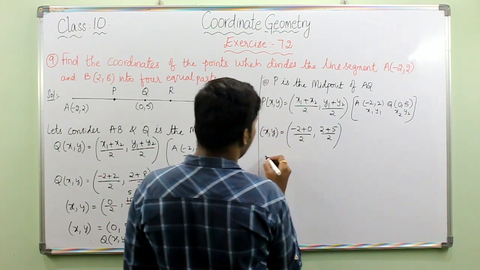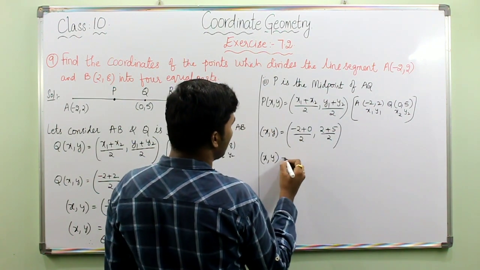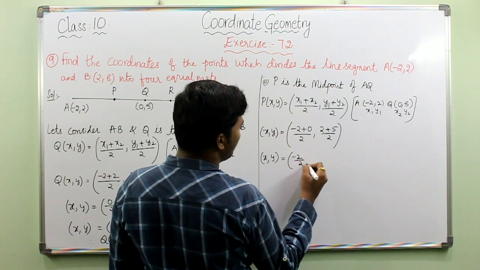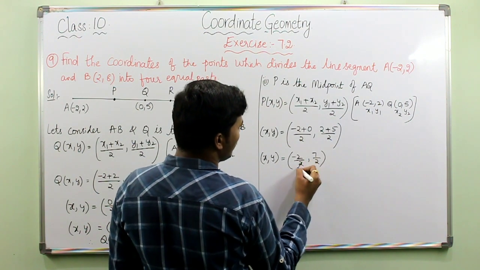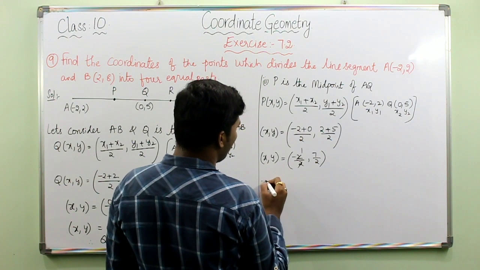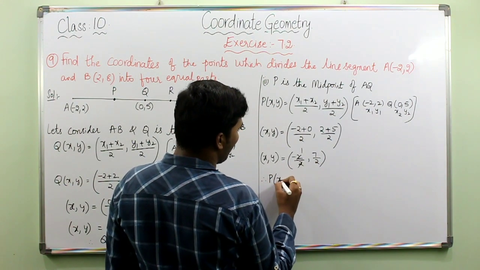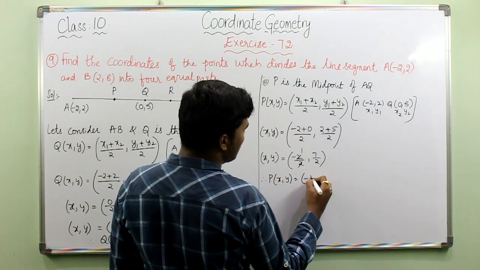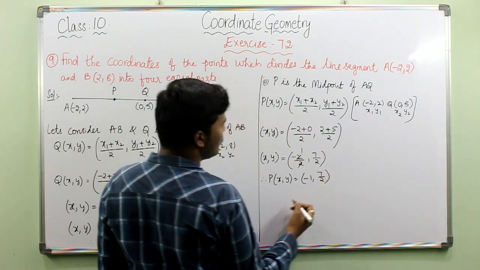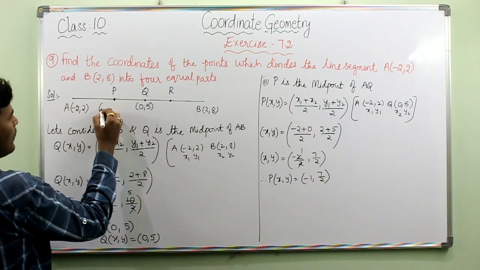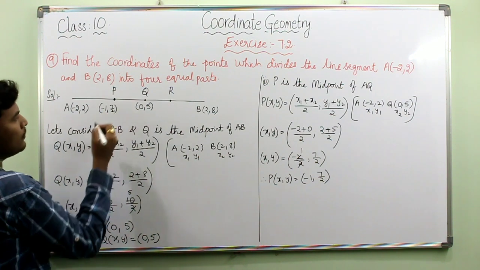This will become x comma y equals minus 2 by 2 comma 7 by 2. So the coordinates of the point P of x comma y are minus 1 comma 7 by 2. Now the points are minus 1 comma 7 by 2.